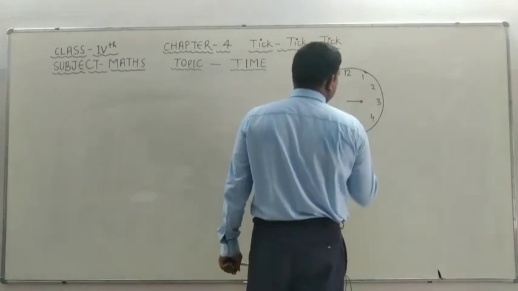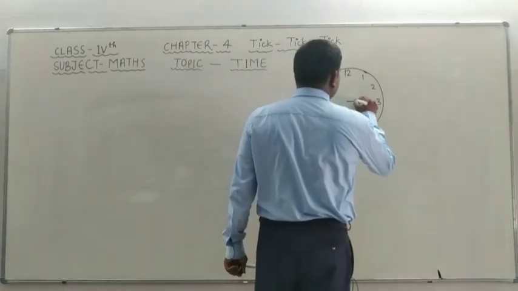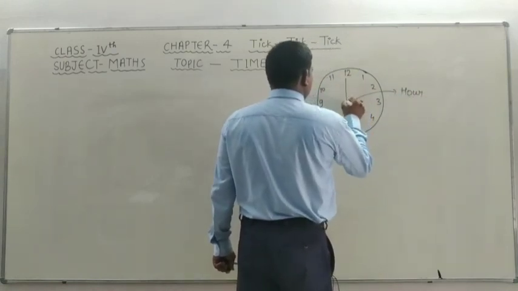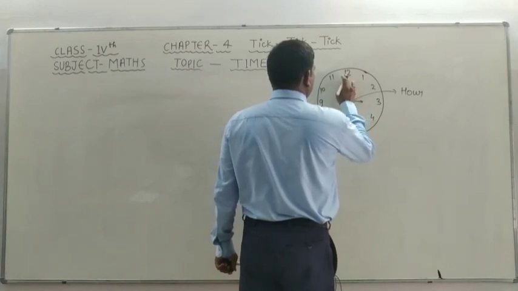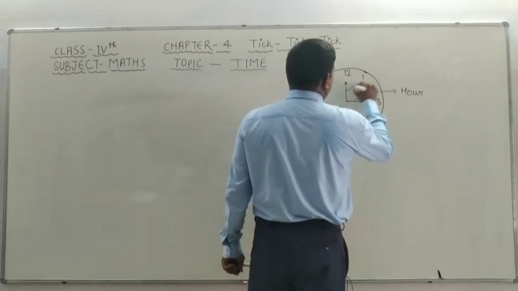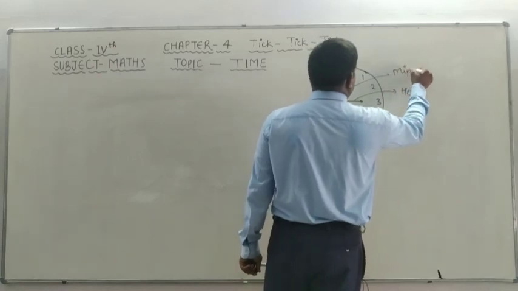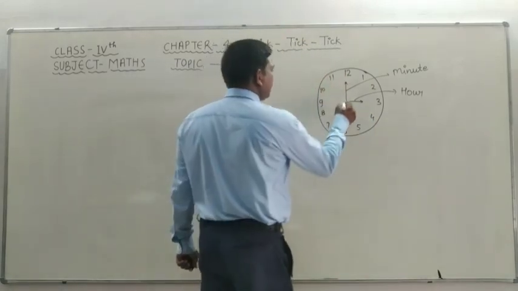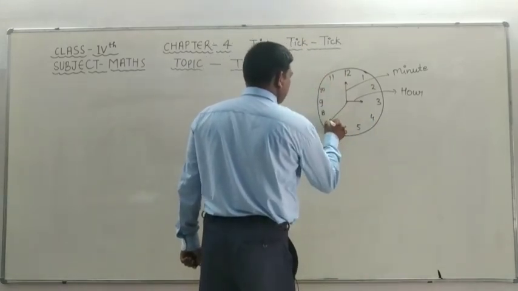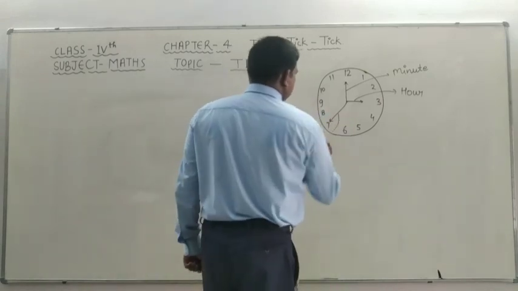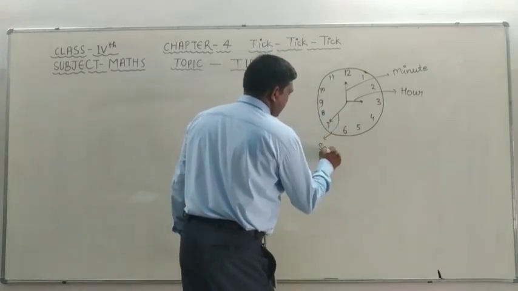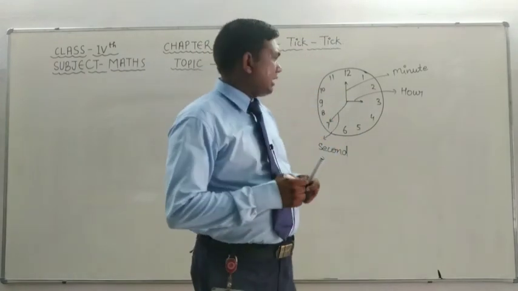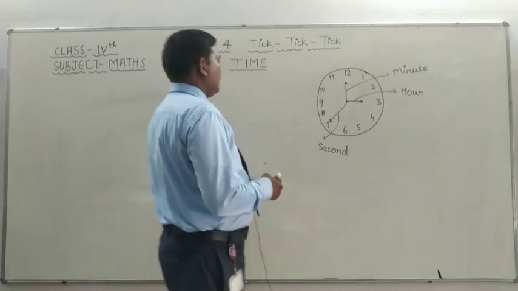A small hand is called the hour hand, and the big hand is called the minute hand. Okay students, the third hand is the second hand. Okay, understand?